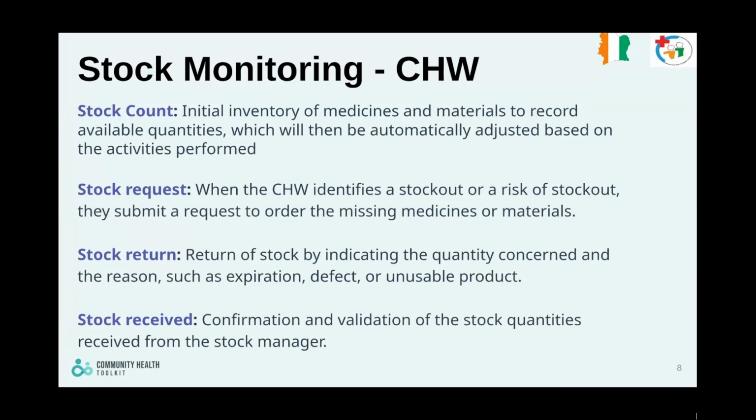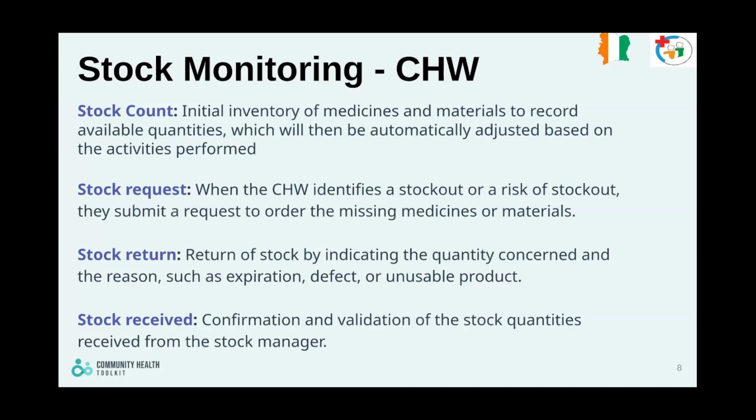For the stock management, just to let you know, there are 2 actors. We have the CHW at the community level, and we have the stock manager at the health center. For the CHW, there are a few features that we implemented. It's the stock count, to do an inventory of the material he has, and he can do a stock request when he sees that there is a stock out or risk of stock out.